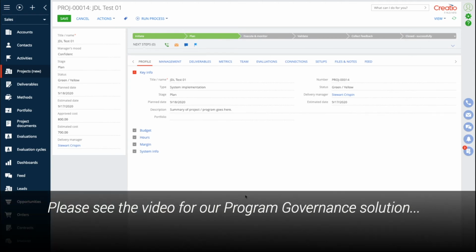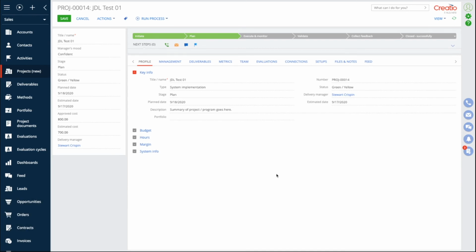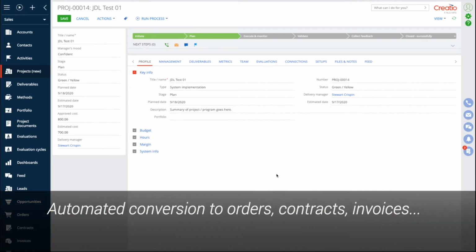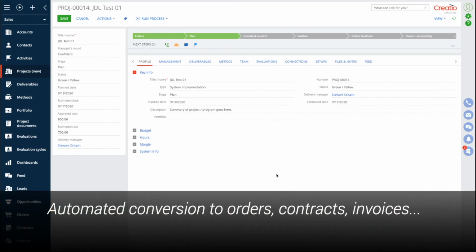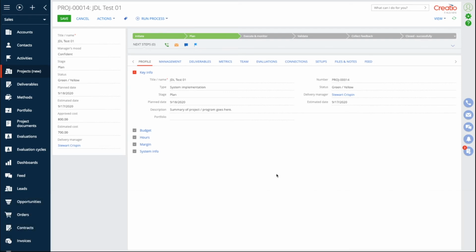This functionality is the subject of another Keen 360 overview video that you can look at if you so wish. In addition to converting opportunities to the projects that might ensue from an opportunity, we can also generate orders, invoices, all at the click of the button with the automations that are available from the BPM engine.